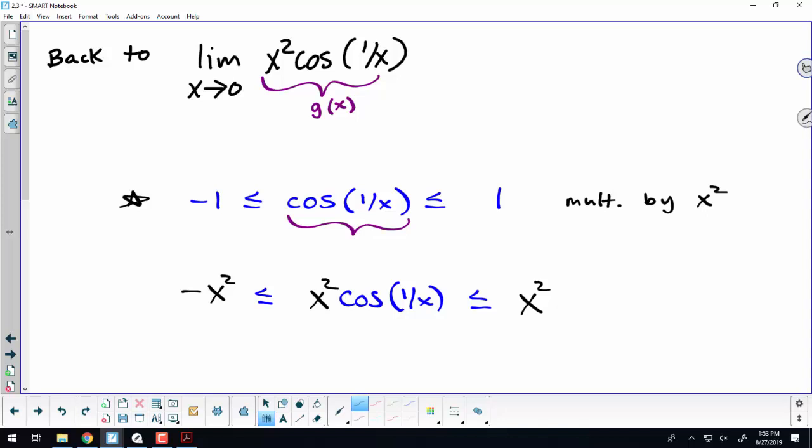It really depends on what function you're dealing with. If we're talking about this one and x is approaching 5, then I don't have to go through any of this because I can just plug 5 in. It's 25 times cosine of 1 over 5, and that'll give me a specific value.